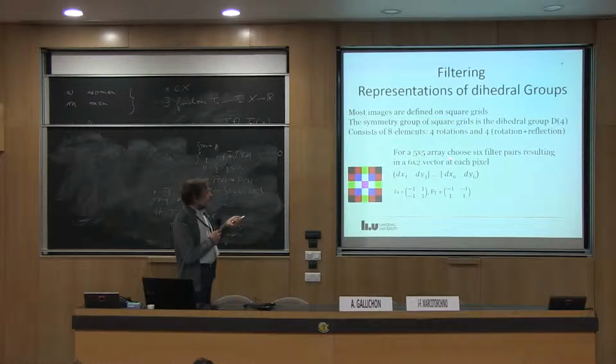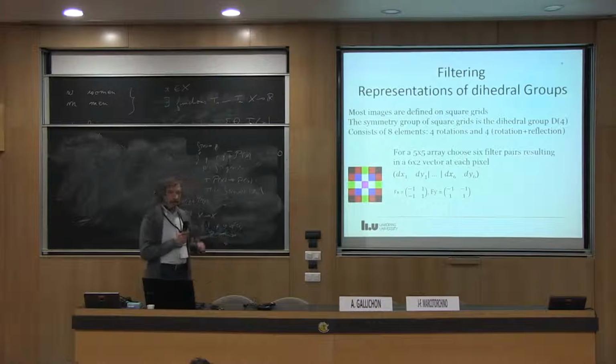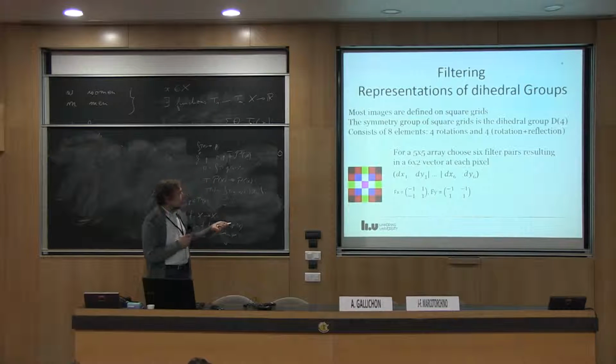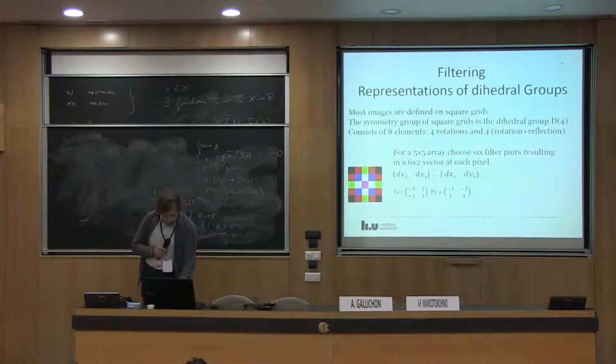Then the theory also tells you that one of the simplest filter pairs you should use on these orbits is this simple filter: -1, -1, 1, 1, -1, -1, 1, 1. So the theory tells you that this is the way you should do it. And it's very simple because you only do subtractions and additions here.